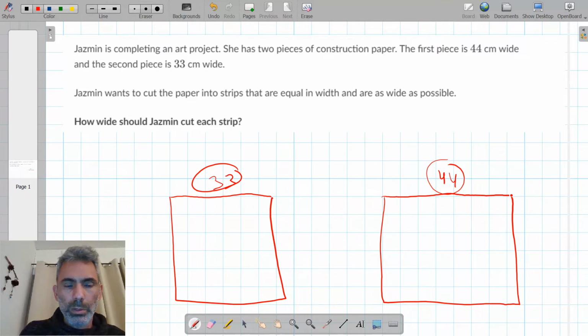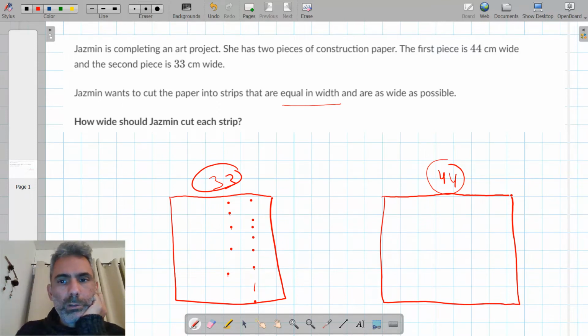So we need to know how to split the piece of paper into strips that are as wide as possible and are equal in width in both pieces.